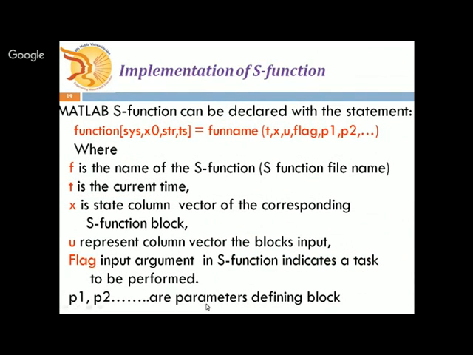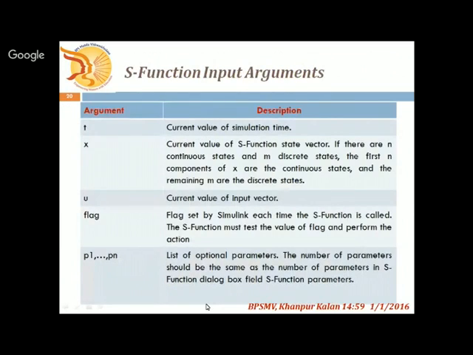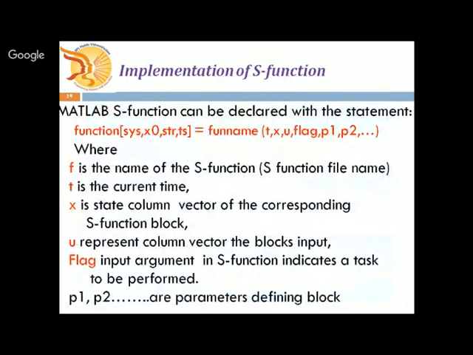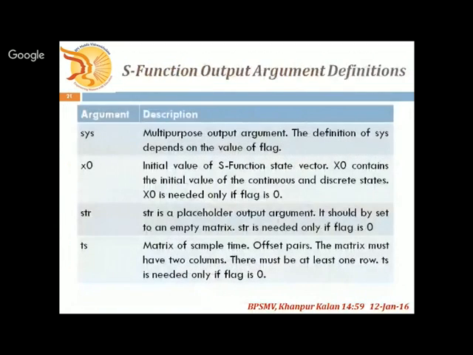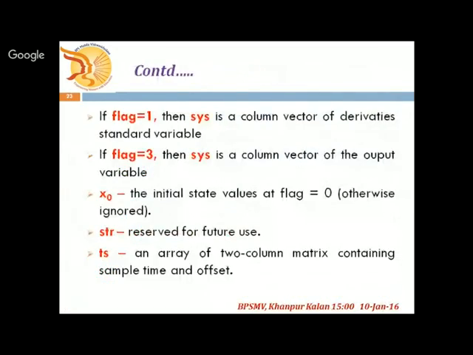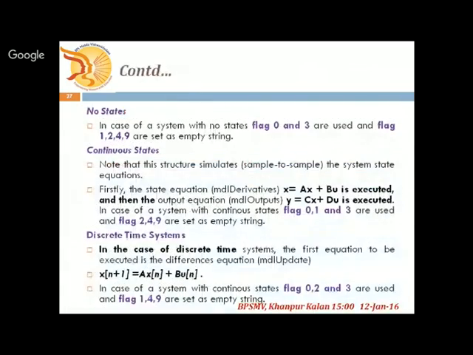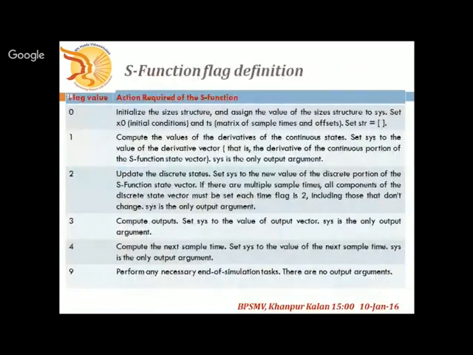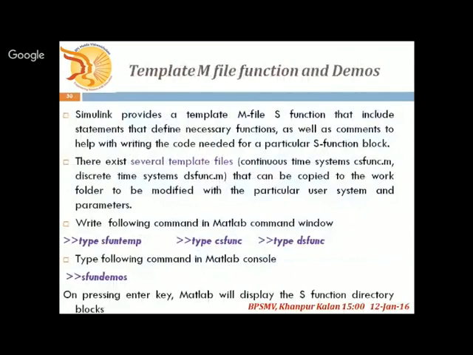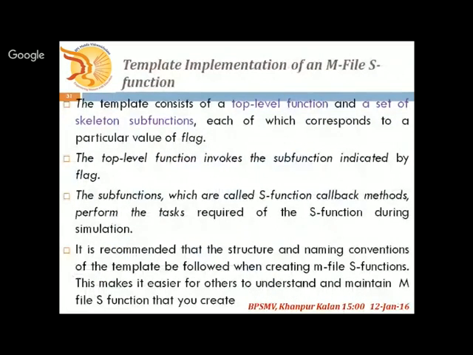This is the implementation of the S-function, how we implement the same template that I described. Template and file S-function. The template consists of a top-level function and a set of skeleton subfunctions, each of which corresponds to a particular value of flag.